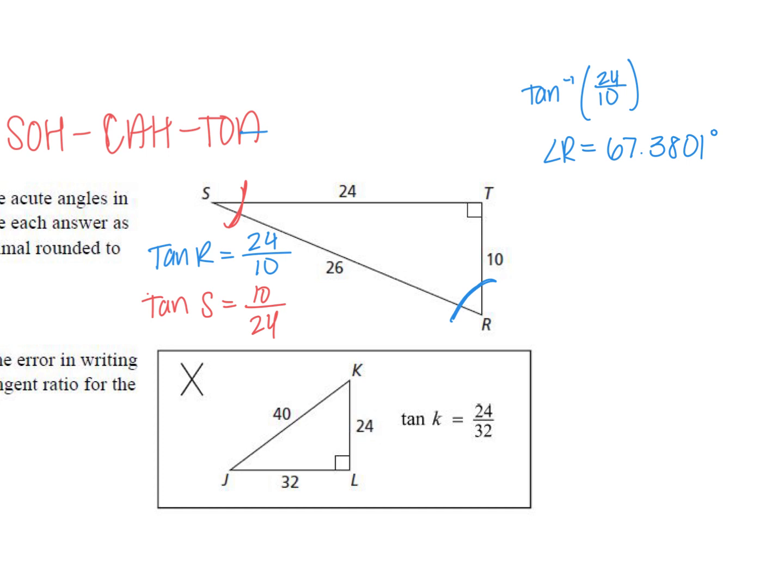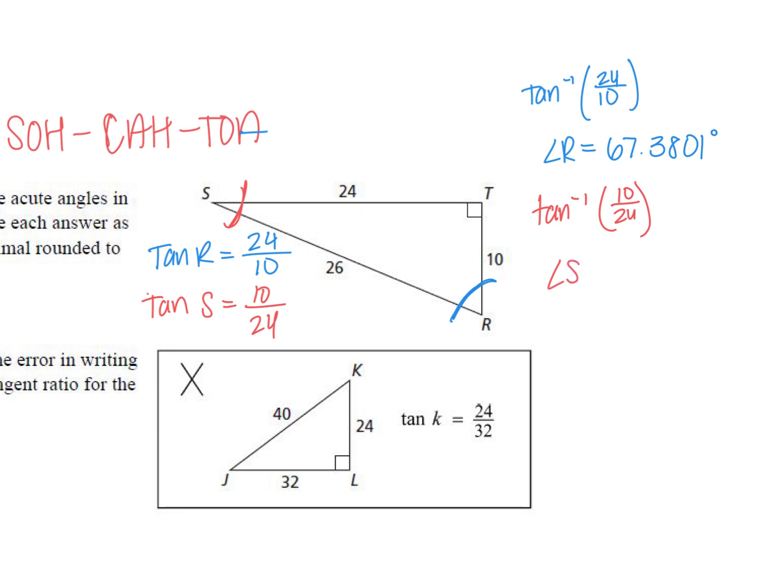So going ahead and doing tan S, you're still doing the inverse. On the calculator, you put tan inverse. Yes, so you're going to put the inverse in. For this one, hit second tan, 10 over 24, and then click enter.